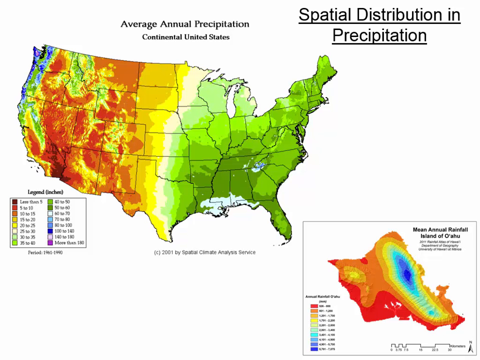You think of everywhere in Hawaii as a tropical island, but it hardly ever rains over on what's called the leeward side of the island. The annual rainfall is between 500 and 800 millimeters, whereas on this windward side of the island, there may be as much as 5 meters of rain per year. That variation is really huge.